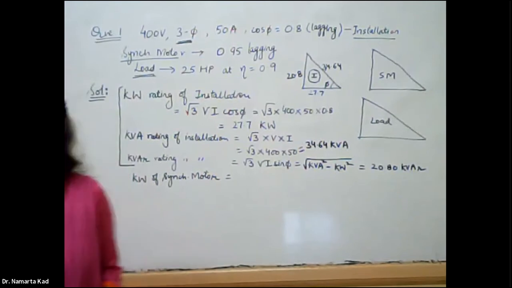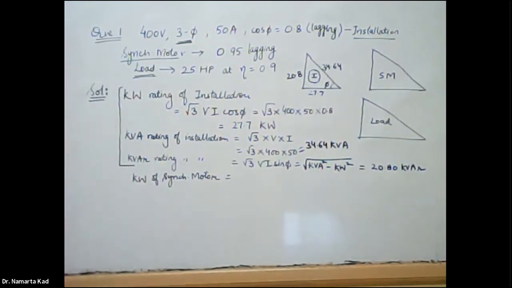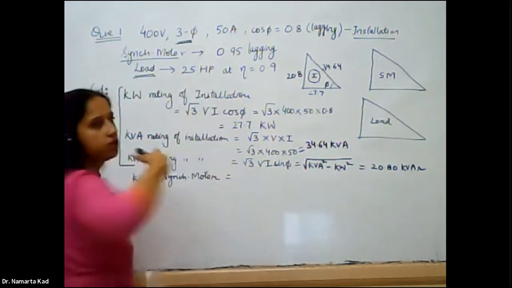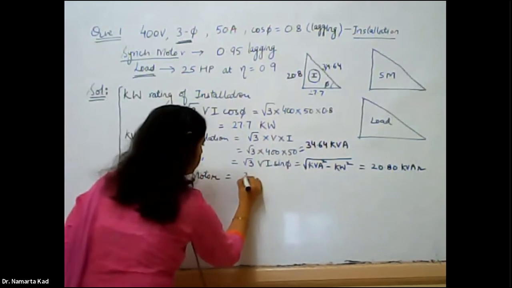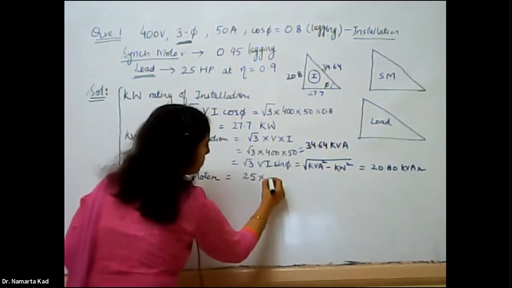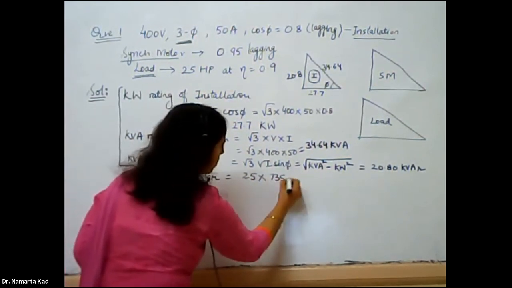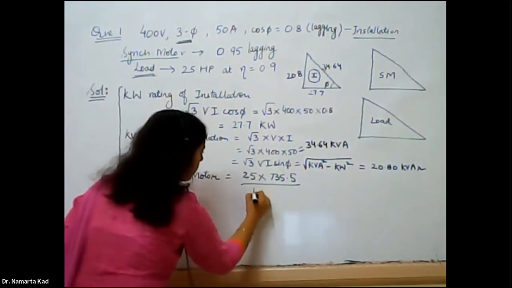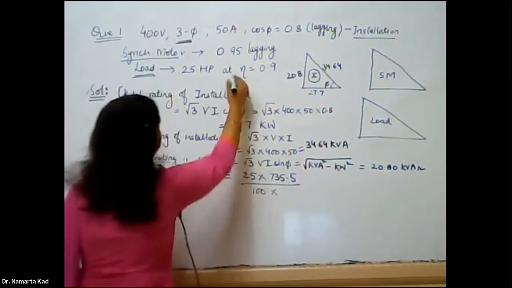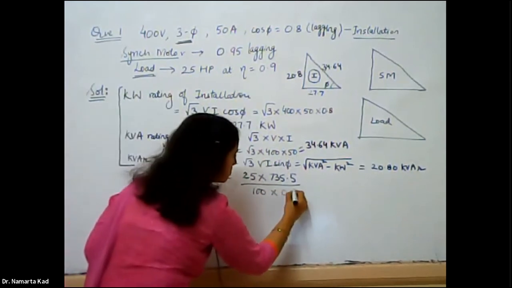Okay, so here we have to apply the formula. Firstly, converting this 25 horsepower into kilowatts. I'm using here 25 multiplied by 735.5 divided by 0.9 efficiency, like this.